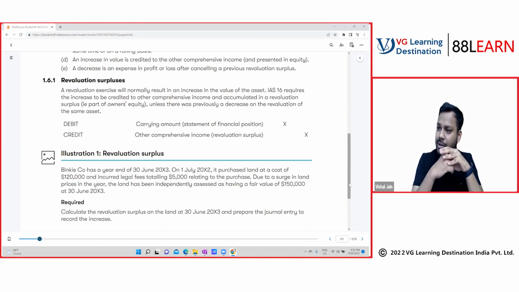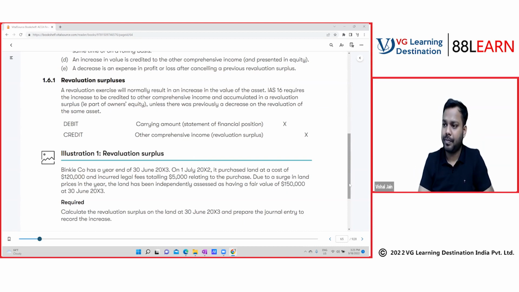SPL is the carrying amount? When did I say SPL is the carrying amount? SPL means statement of profit and loss. Very good, Rakshit. Very good, Uday.